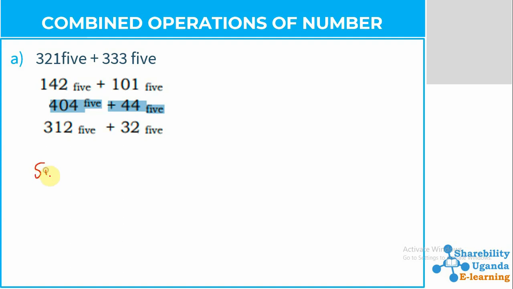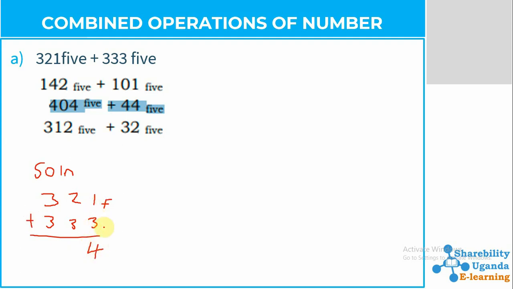To get a solution to this question, we have 3, 2, 1, all in base 5. Also here we have 3, 3, 3. We shall now perform the addition. Here we shall have 4.